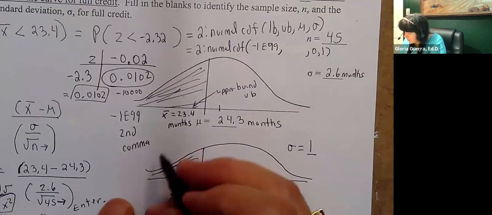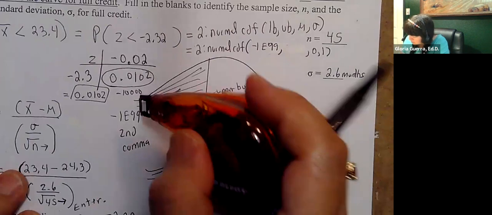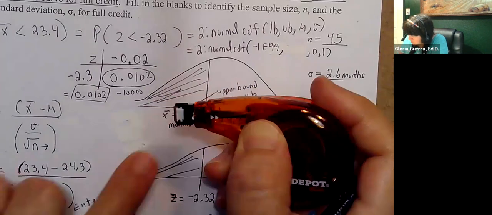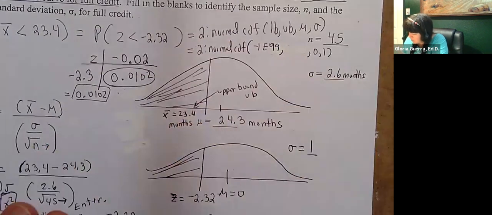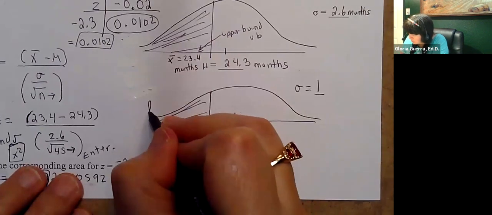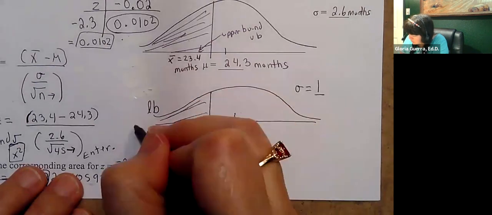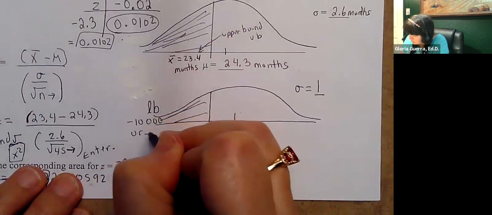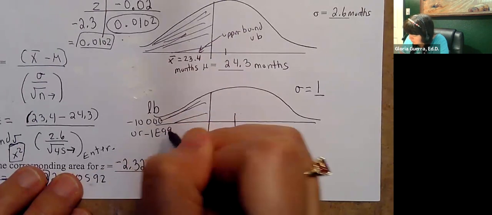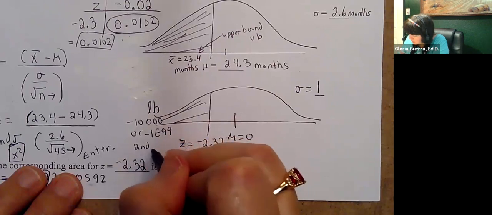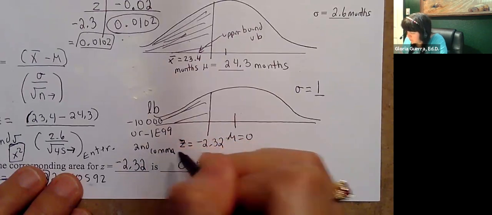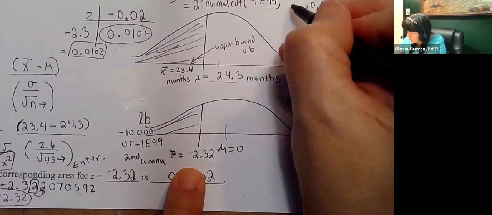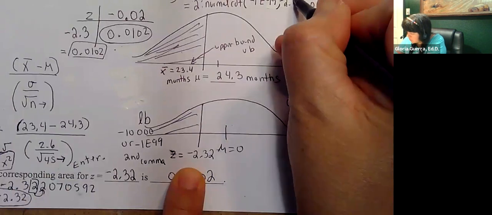So lower bound, yeah, so I should take this off here, right? Because we're not supposed to use this x. So I should take that off here, but put it here. Lower bound. So it's negative 10,000 or negative 1 E99. And if you're going to use that, it's the second comma. So I have that here. And then my z here is negative 2.32.